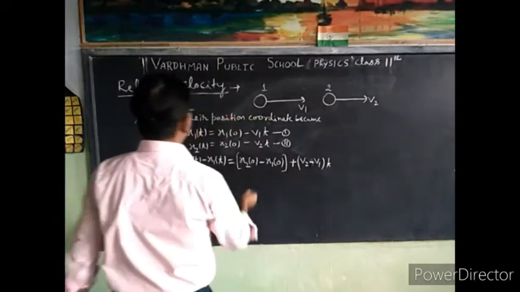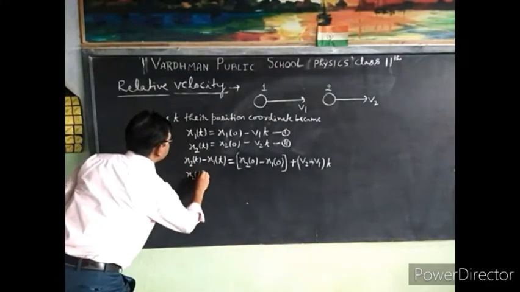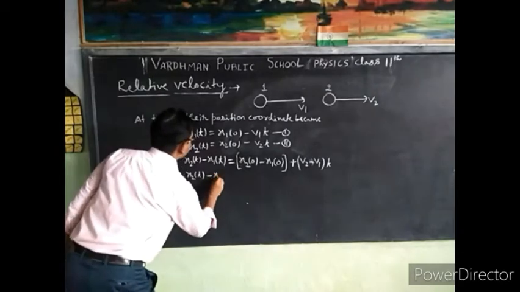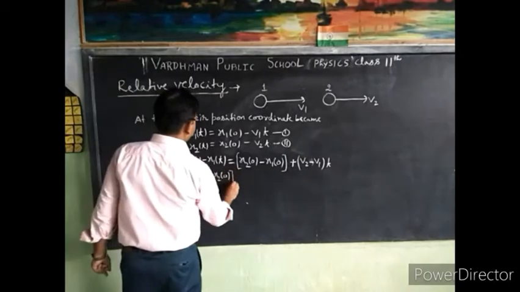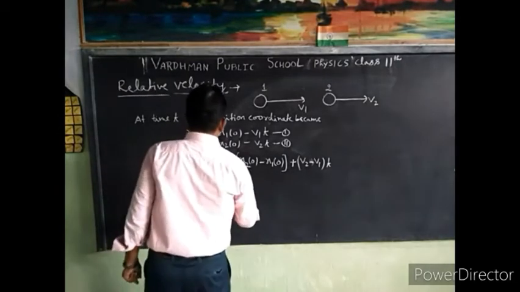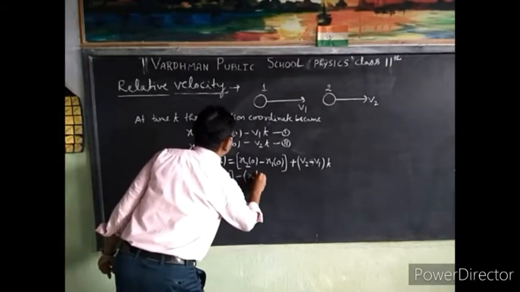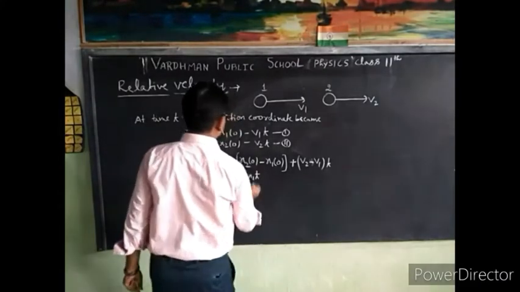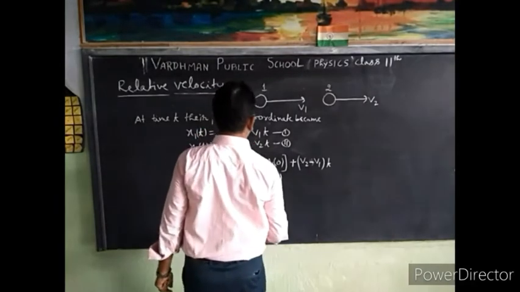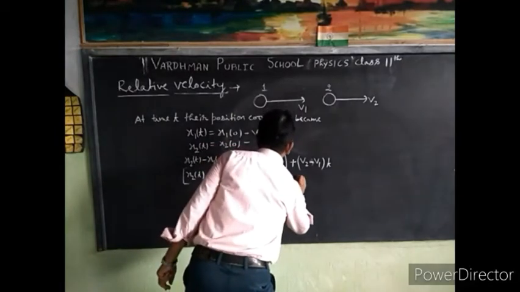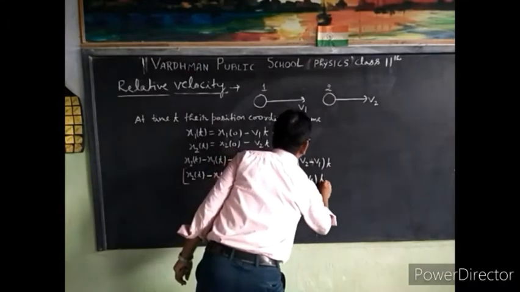Now we can write this equation as x2t minus x20 minus x1t minus x10 is equal to v2 minus v1 into t.